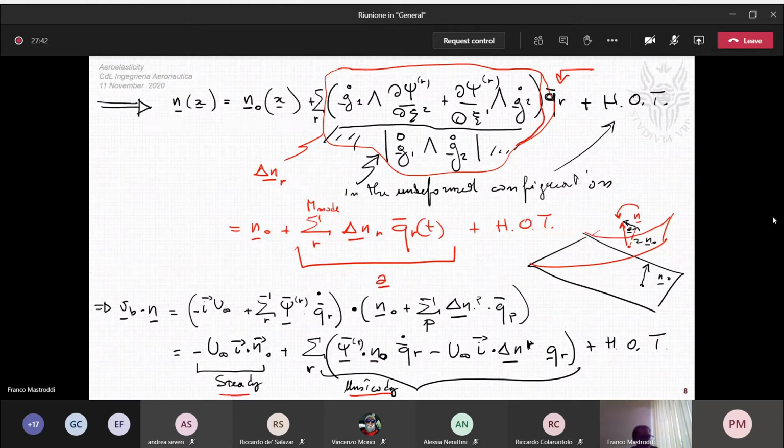Now, I have a very relevant point to present to you, about the steady component.